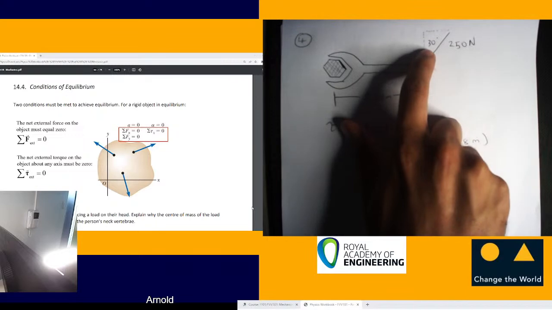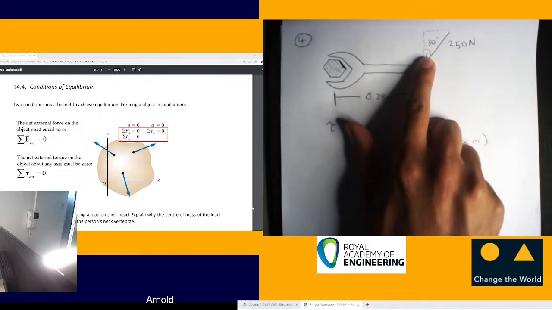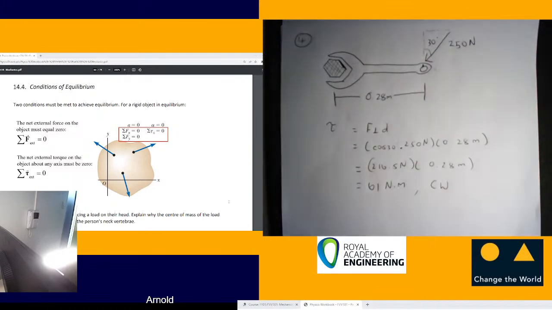Well, I needed the perpendicular component of this force, okay? I'm going to type your answer.